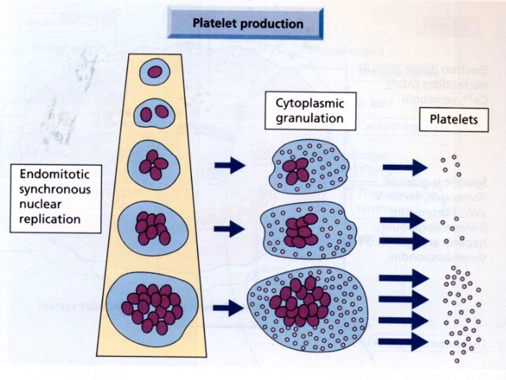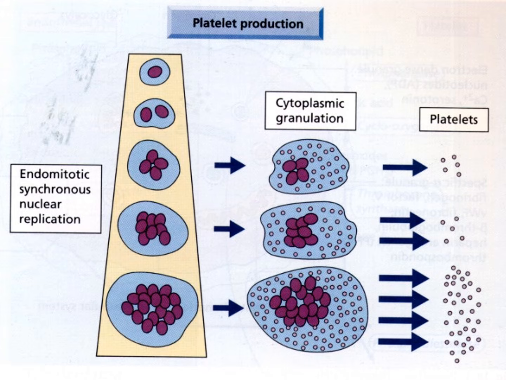During its maturation, the megakaryocyte, as you can see here, grows in size and replicates its DNA in a process called endomitosis.